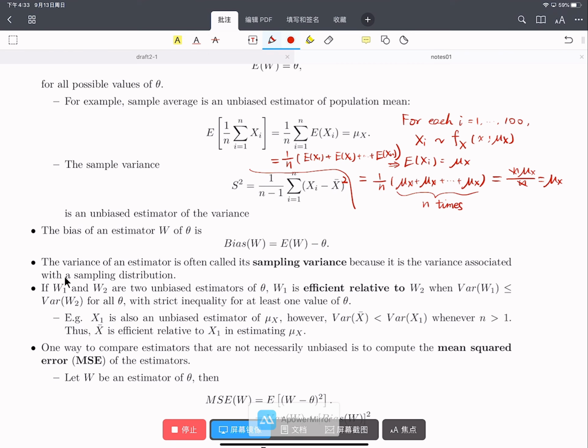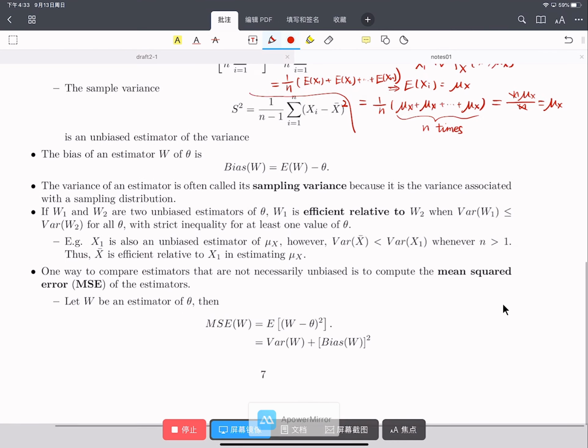As we have mentioned, these estimators are random variables per se, so they also have expectations and variance. If the variance is smaller, then it's more efficient, because then we are more confident about our estimates. Just remember this concept.